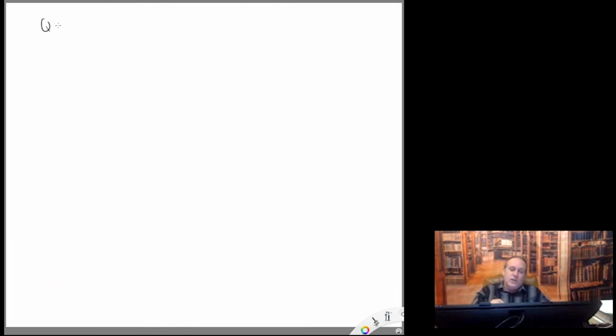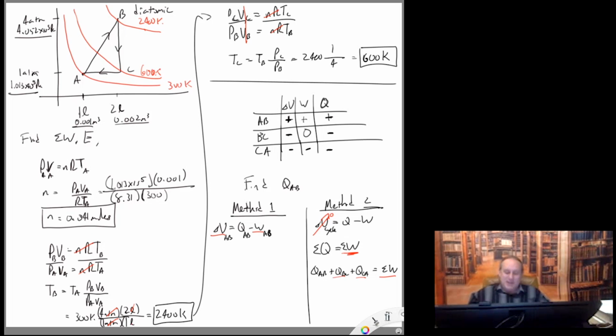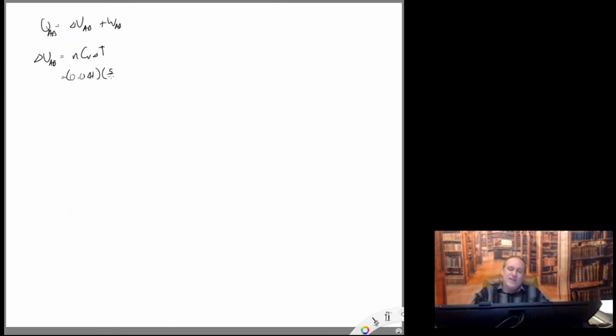So QAB equals delta U AB plus work AB. And we'll find delta U AB first. It's just n Cv delta T, and n is 0.041. Cv, because we said it's a diatomic gas, is 5/2 times R, which is 8.31.